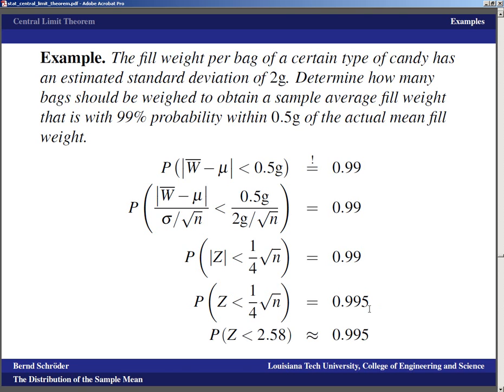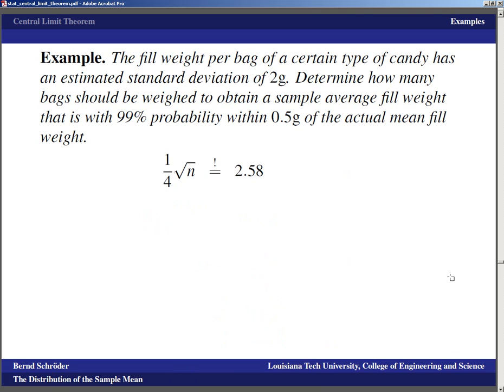All right, we look in a table and we realize that the probability that Z is smaller than 2.58 is approximately 0.995, and so that means that this value here has to be approximately 2.58. And that's what we'll see on the next panel. We now take our 1/4 root n, set it equal to 2.58. That means that the square root of n is 10.32, and that's even exact, right?